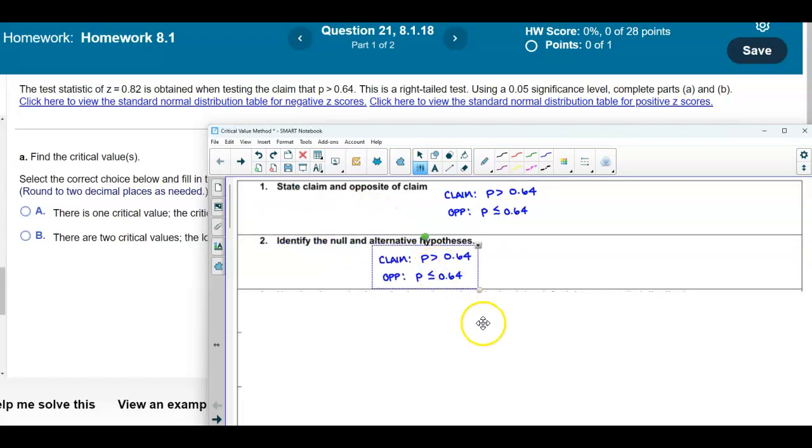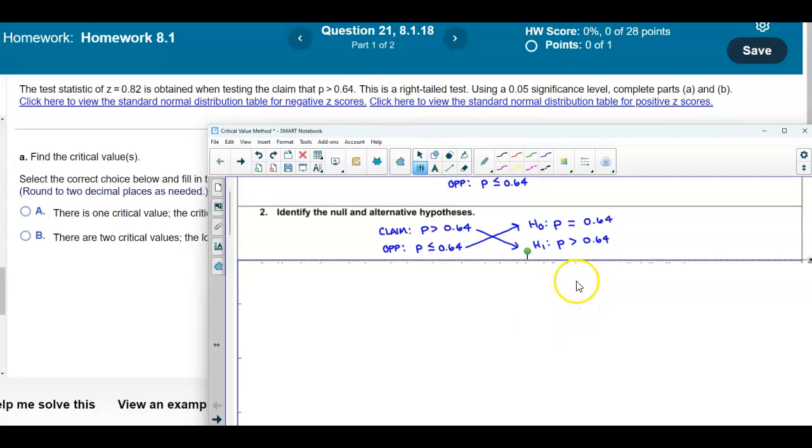So now that we know that, we're going to go ahead and determine in step 2 the null and the alternative hypothesis. Now remember that the null hypothesis always contains the equality. The equality is located in the opposite of the claim, so therefore the population proportion is going to equal 0.64, and the claim is going to be the alternative, where we have the population proportion is greater than 0.64, which is exactly what it says up here.